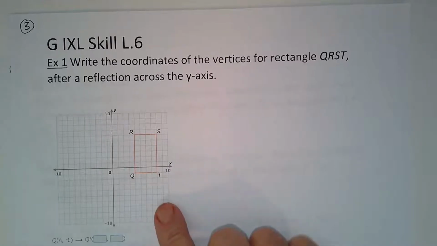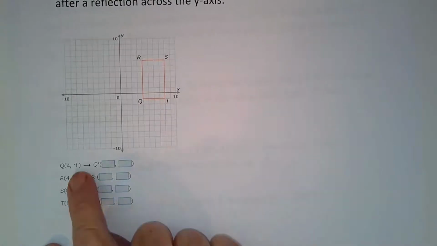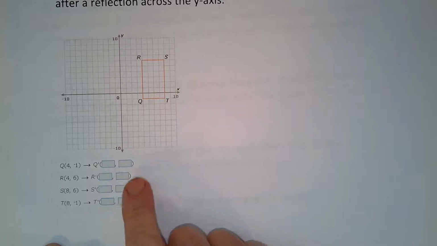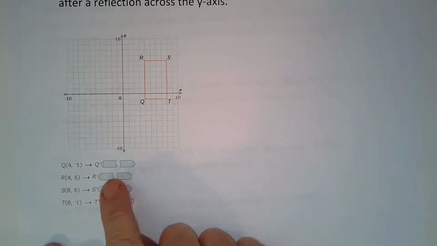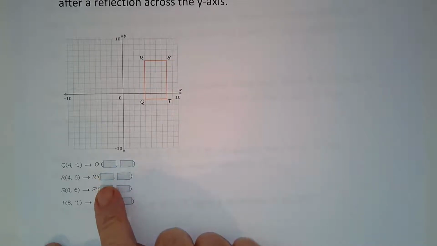And you will notice that the coordinates are down here at the bottom for Q, R, S, and T. And then what the IXL is expecting you to do is to put in the proper coordinates for the reflection. And so the reflection we're going to call Q prime, R prime, S prime, and T prime.